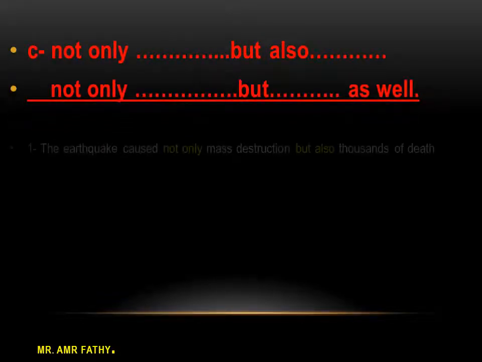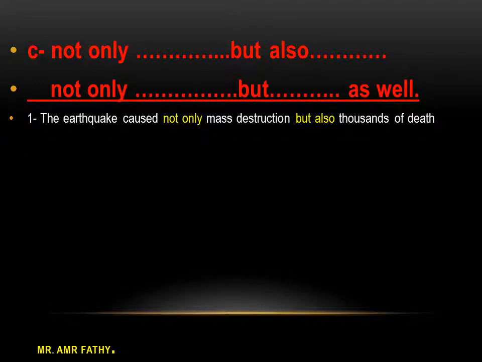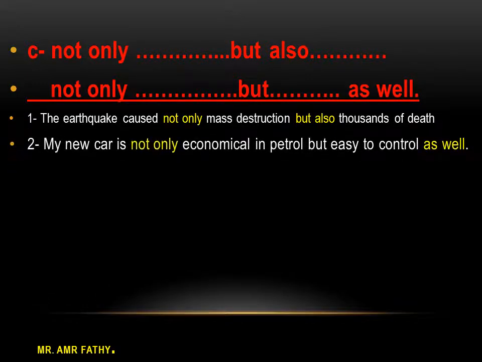Number C, you can use not only but also, or not only but as well, to express what? To express addition. Example number 1: the earthquake caused not only mass destruction but also thousands of deaths.